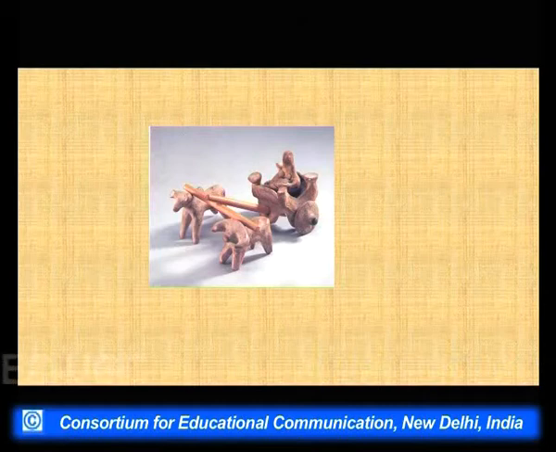A driver is shown sitting on the cart, who is propelling this particular device, and then you can pull it also. This also gives us an idea about how and what kind of transport was being used in the Harappan period.